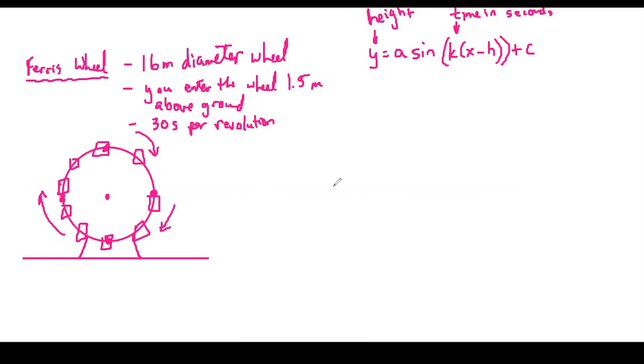Can anyone help me right away with any of the values A, K, H, and C? Because if we can figure those out, we're good to go.